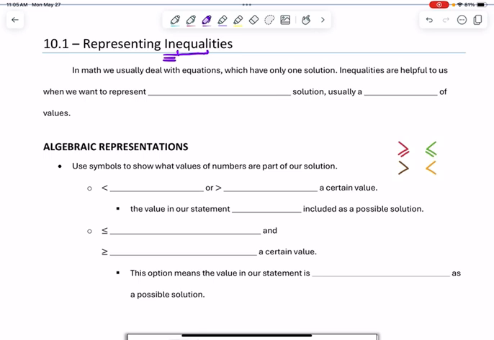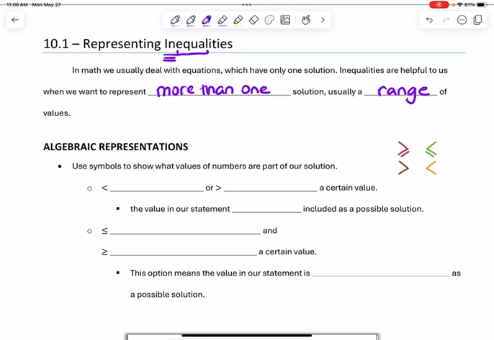When we talk about inequalities, we're talking about things that have more than one solution. They're very helpful when we want to represent more than one solution. Usually that set of solutions, because there are multiple, is a range of values. So there's a starting point those solutions can be, and an ending point.